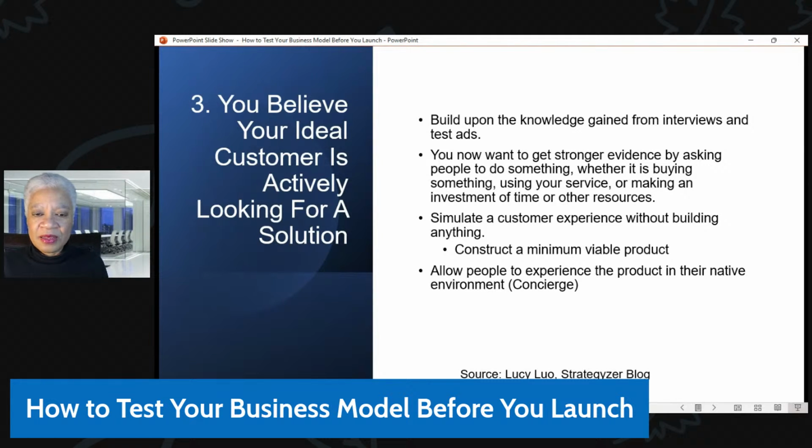little bit differently, right? And then you also want to simulate a customer experience without actually having to go through the process of building a prototype, so to speak. So, when we talk about that, that method is called the concierge method, where you are meeting people in an environment in which they're comfortable.